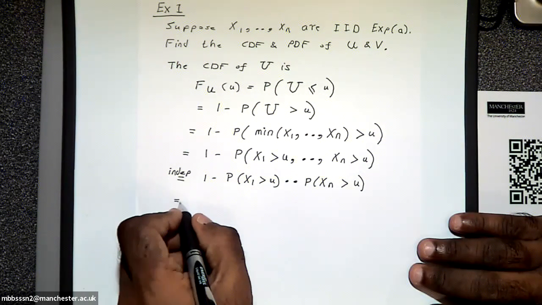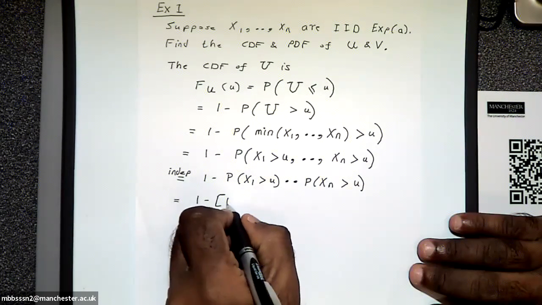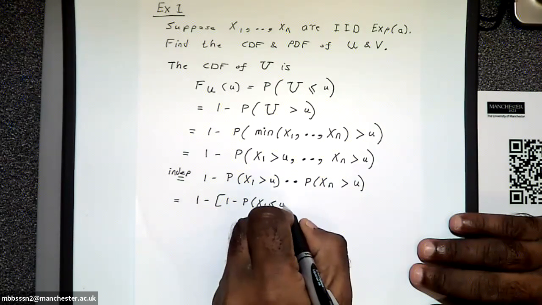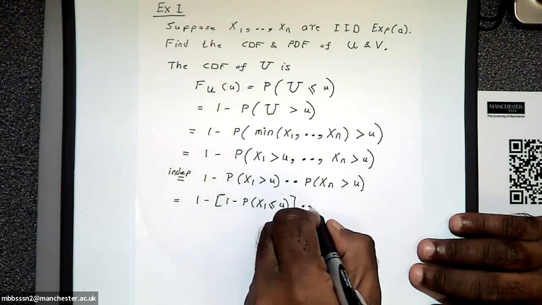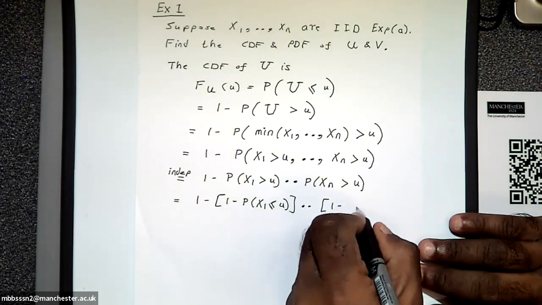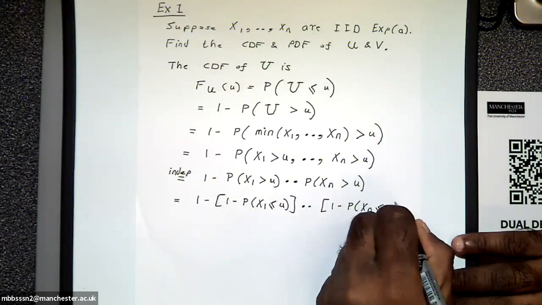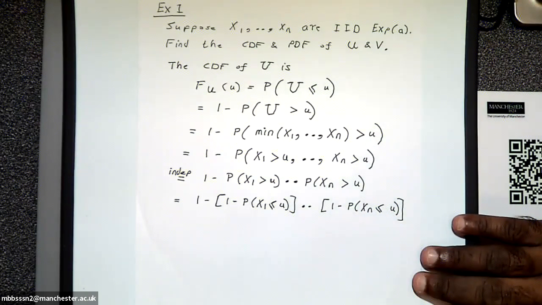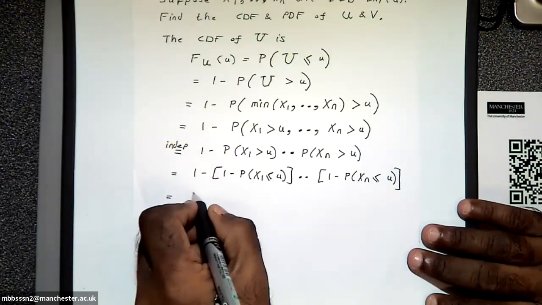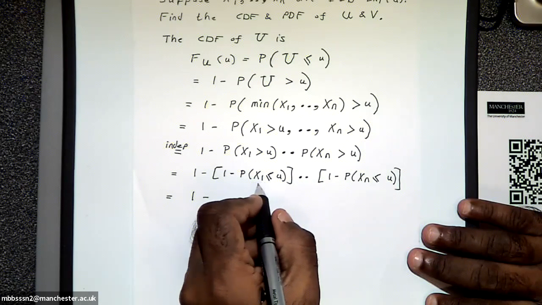Then the next step, I'm going to write this as 1 minus the probability that X1 is less than or equal to u. So what you have here is the CDF of X1.